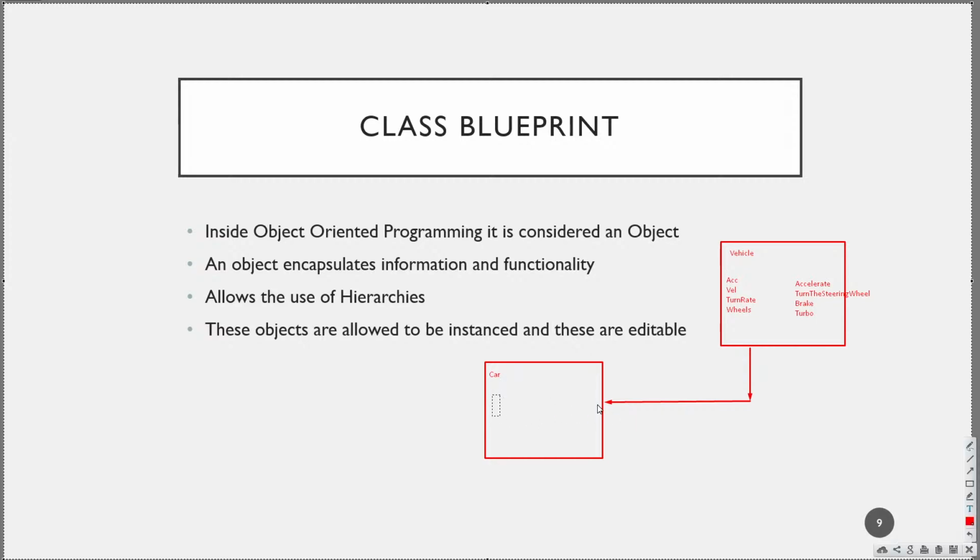And in this car we can define that the acceleration will be, I don't know, this value, velocity will be, I don't know, 4, turn rate 2.5, and the number of wheels will be 4. We really don't need to define the accelerate, turn the steering wheel, because it already has been defined here.